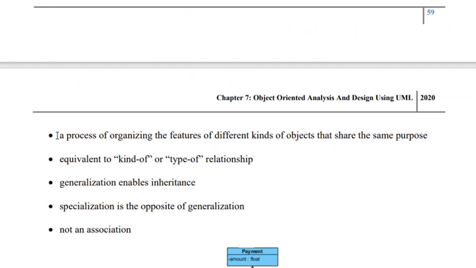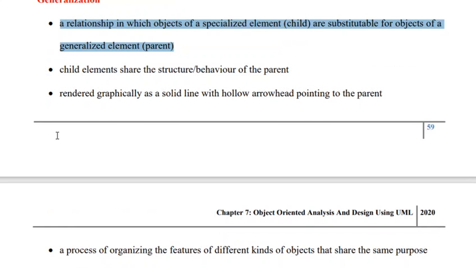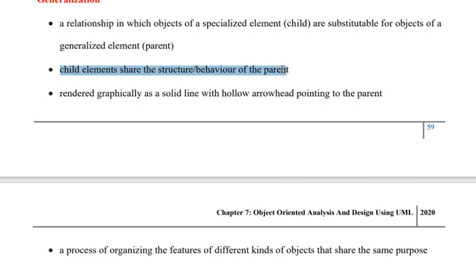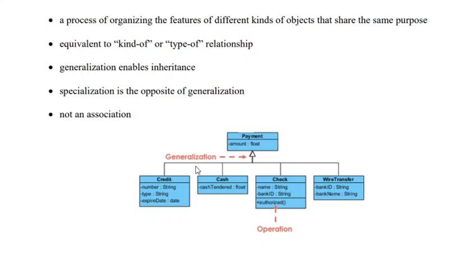Let us try to understand it with the help of an example first. Before that, the child element shares the structure or the behavior of the parent, right? So here I have a set of derived classes: payment through credit card, payment through cash, payment through check, and payment through wire transfer.